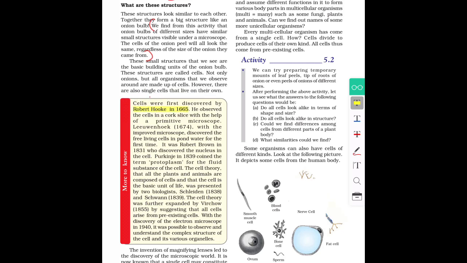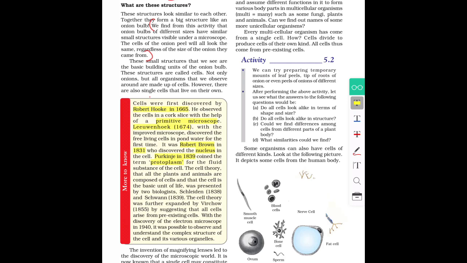He observed the cell in a cork slice with the help of a primitive microscope. Leeuwenhoek in 1674, with an improved microscope, discovered the free living cell in pond water for the first time. It was Robert Brown in 1831 who discovered the nucleus in the cell. Purkinje in 1839 coined the term protoplasm for the fluid substance of the cell.